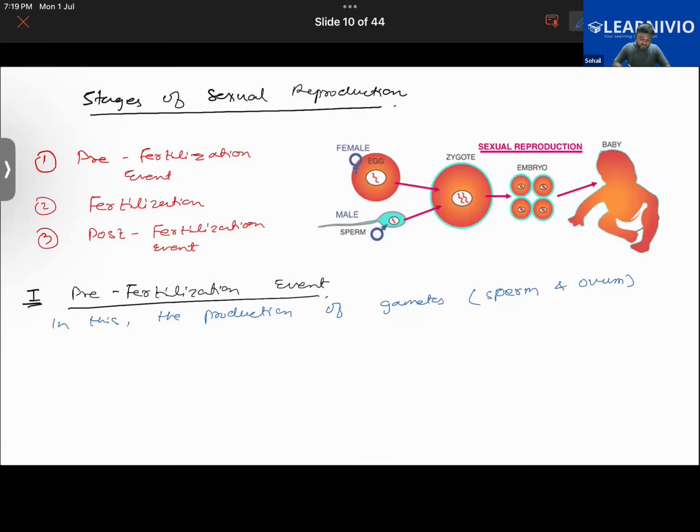So in this, the production of gametes, sperm and ovum, takes place in the male and female reproductive organs. In the male and female reproductive organs.